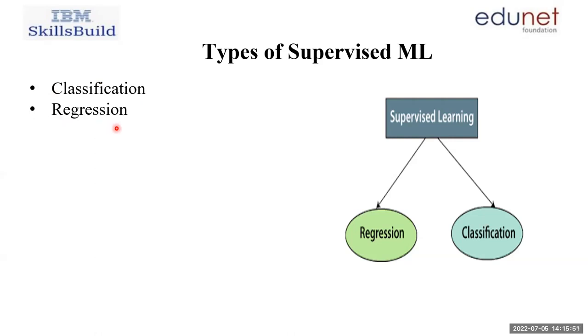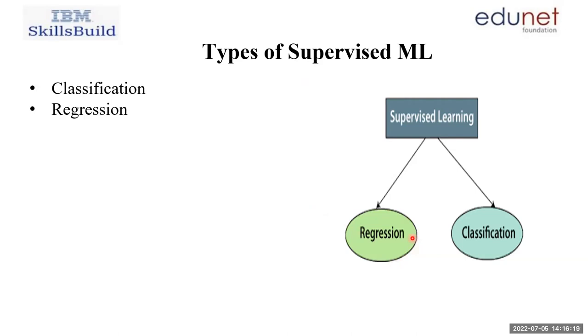If I want to predict the value of a second-hand house based on the data I have, what type of algorithm do I need to implement? Obviously, that is a regression algorithm. I need to predict the value of the second-hand house, right? So those are the different types of supervised algorithms.